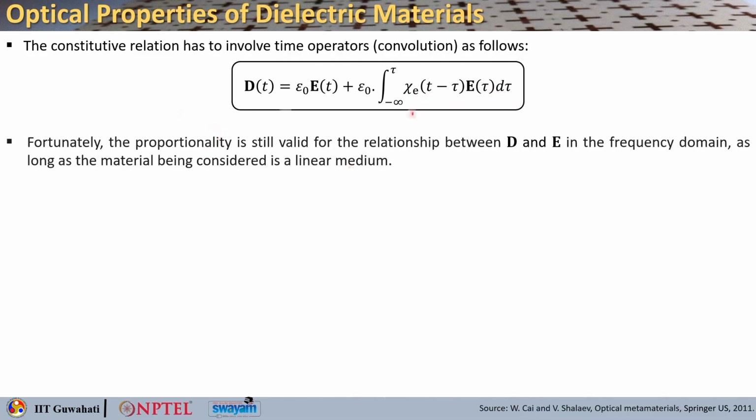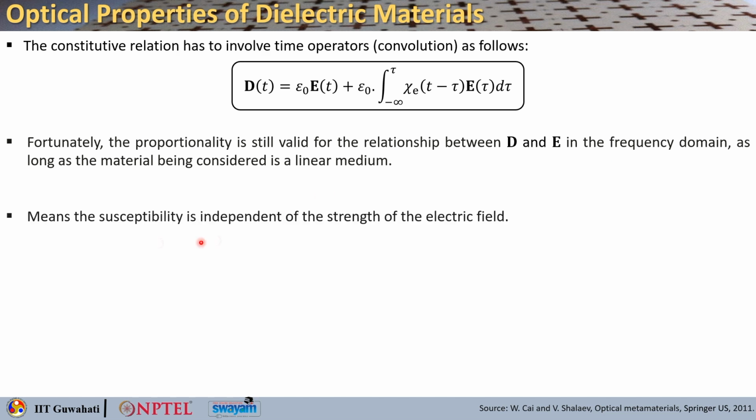So, this is how you should actually get the constitutive relationship at optical frequencies. Now, fortunately, the proportionality is still valid for the relationship between D and E in the frequency domain, as long as the material is considered to be a linear medium. That means the susceptibility remains independent of the strength of the electric field in such a medium.